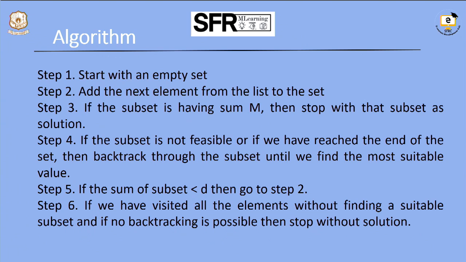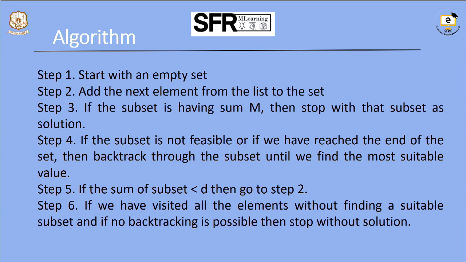Now the subset actually has two options. One is the sum of the subset covering all the elements in that path; if it is less than D, then you are going to backtrack, because it is a non-promising node.